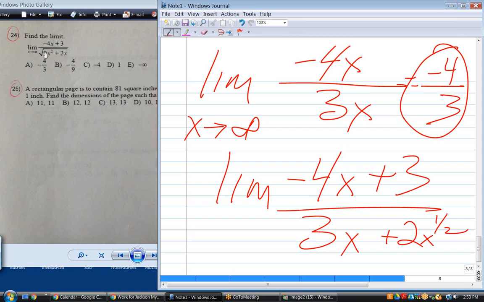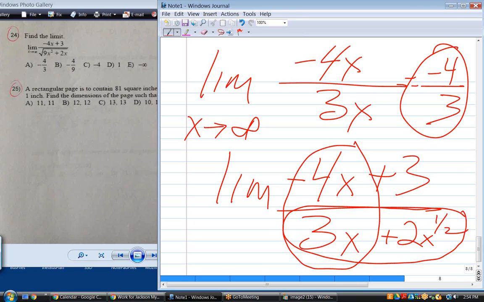But given that the only thing we care about is the highest degree polynomial, I can take the square root of just that term, and the square root of just that term is 3x. So this is a reasonable approximation for what the denominator would become. Now I have my highest term polynomial as x, and the coefficients are minus 4 over 3.